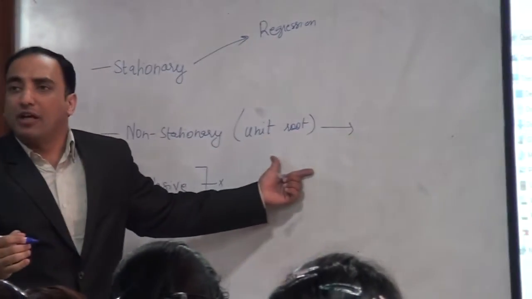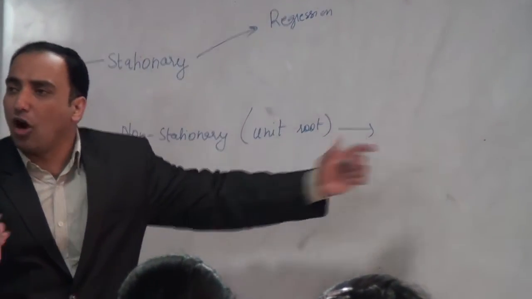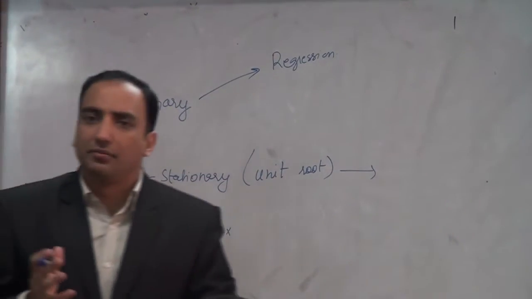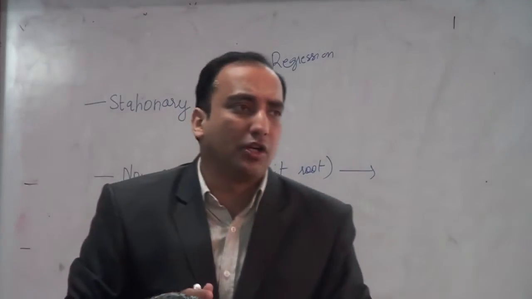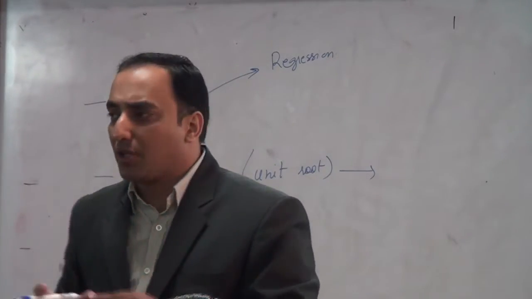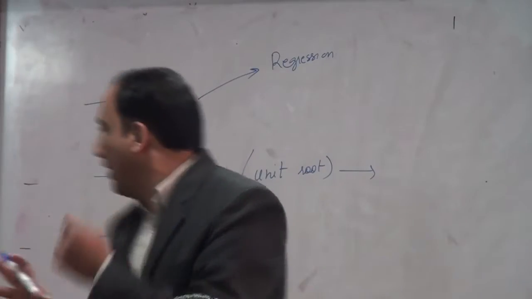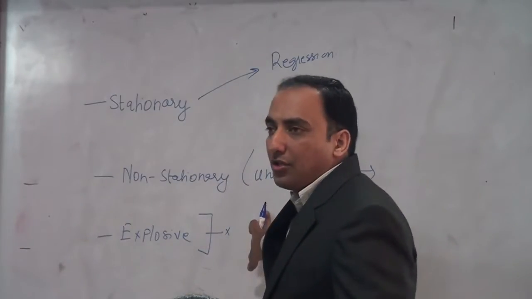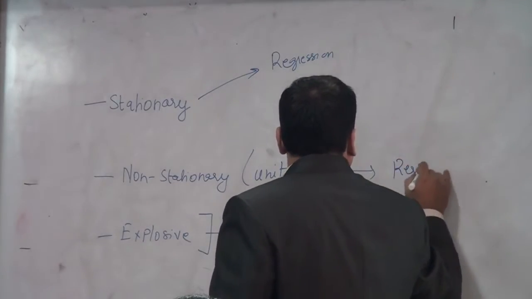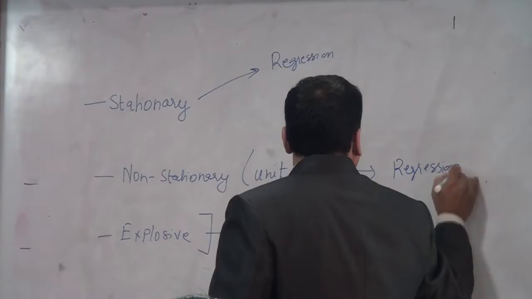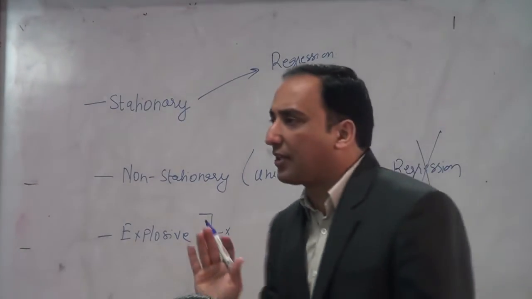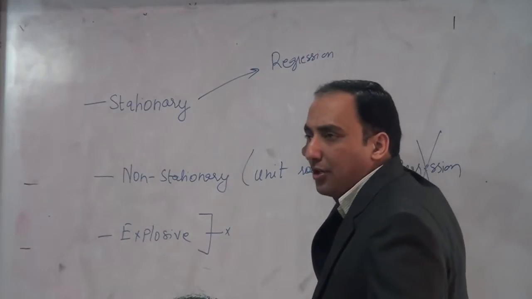If I am having a non-stationary process, I cannot directly apply any form of regression. Whether it is your normal regression, ARMA, ARIMA, ARCH, or GARCH, I cannot apply any of these to non-stationary data. So regression-based techniques can only be applied to stationary data.